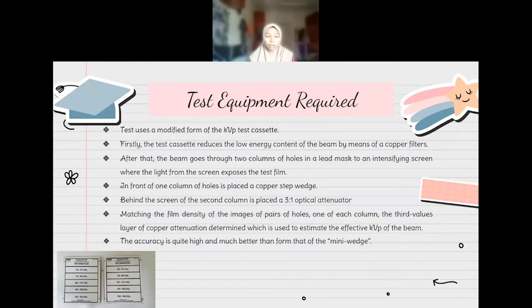The third valued layer of copper attenuation determines which is used to estimate the effective kVp of the beam. The accuracy is quite high and much better than that of the mini wedge. At the bottom of this slide, this shows the picture of the kVp test cassette.